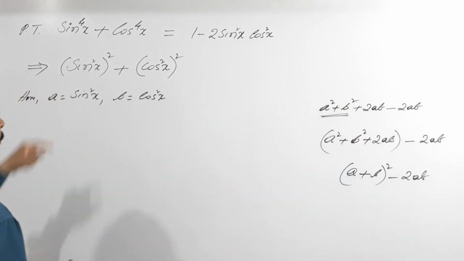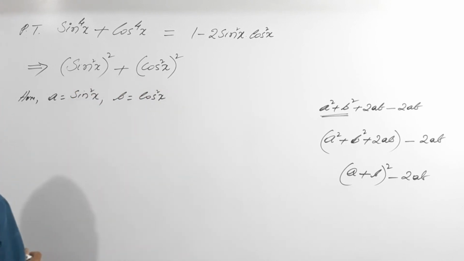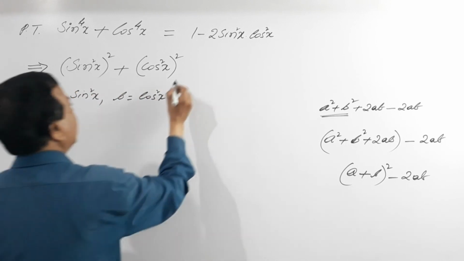लिखिए. तो क्या हो गया? This is the form a square plus b square. So इसके लिए मैं कहूँगा I call this equation 1.